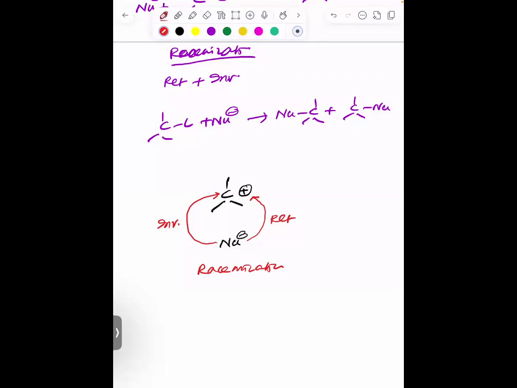Okay. Now the question is whether both the retention and inversion are taking place equally or differently.